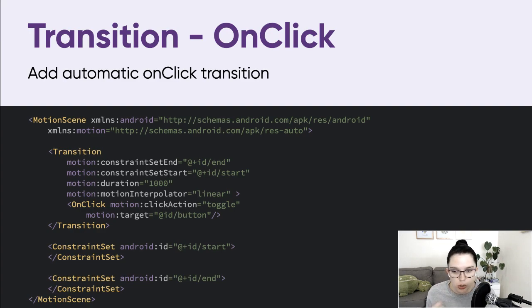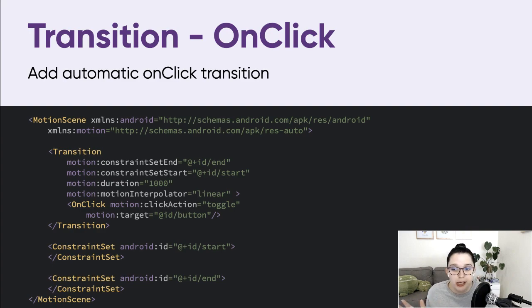We set the target to a certain button or view that we have inside our layout, and then we say what we want the click action to perform. In this case, when we click this button, it must toggle between these two states. So it'll automatically transition between the end and start constraint sets. And if we click it again, it'll go backwards, from the end to the start constraint set. That's what the toggle action will do.